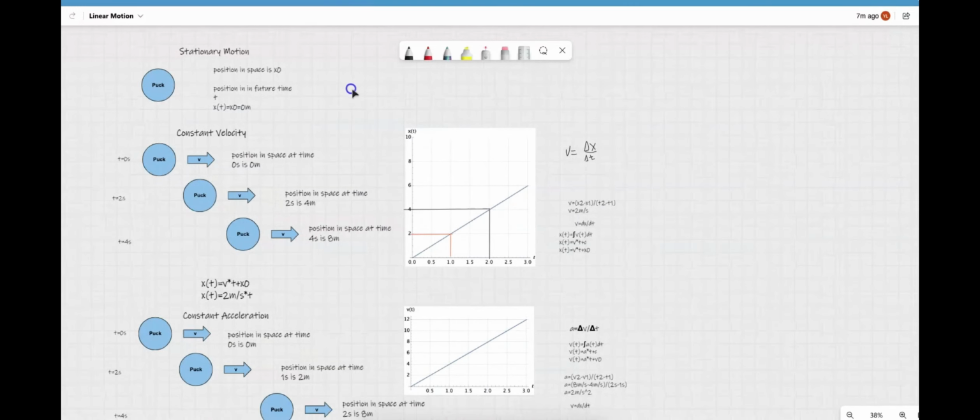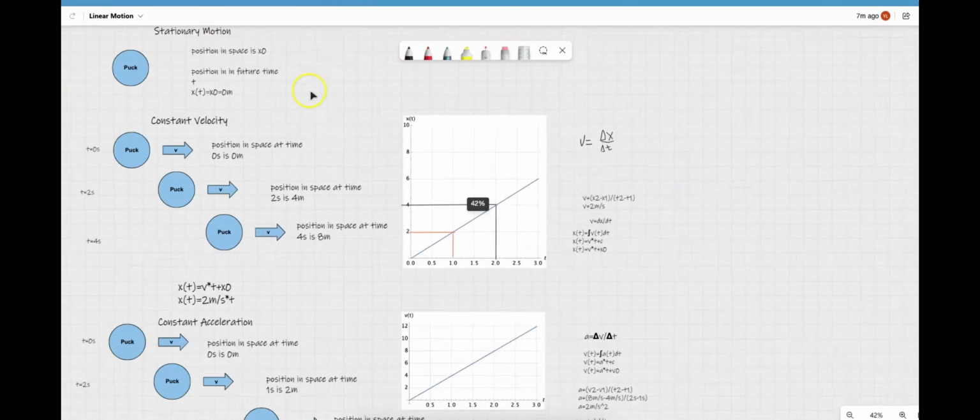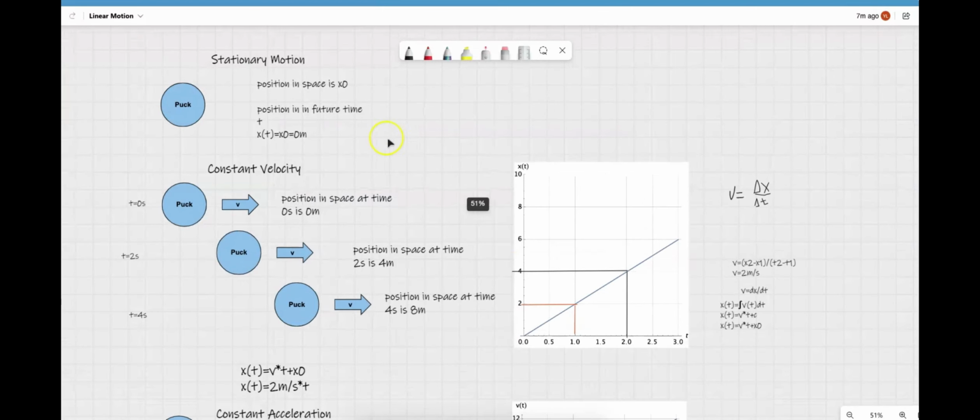The simplest example is stationary motion, where we have a puck. I'm using an ice hockey puck on an ice rink as an example, since it's pretty close to frictionless, at least in our ideal case. So the position in space, we're going to call it x naught.